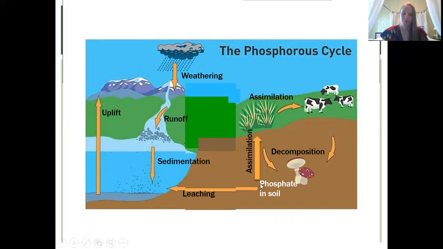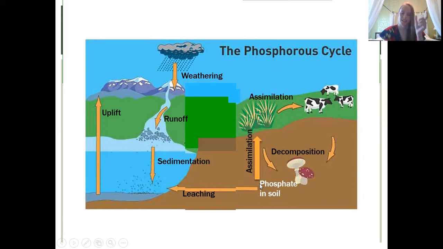Of course, anytime we have phosphates moving into a living thing, like moving into plants, that is assimilation. Also, when those plants are eaten by animals, that's also assimilation. And then when those plants die, or when those animals die and decompose, that moves the phosphates back into the soil.